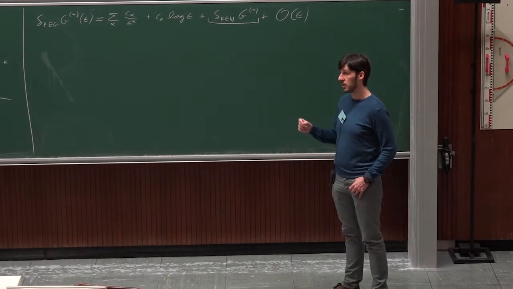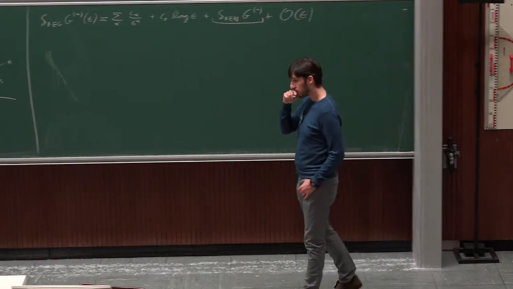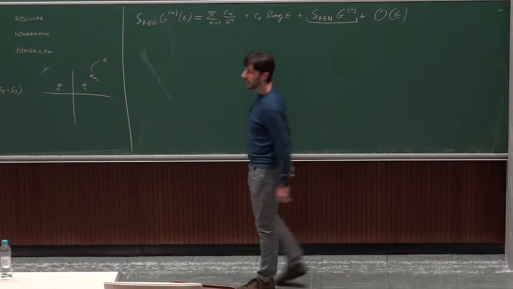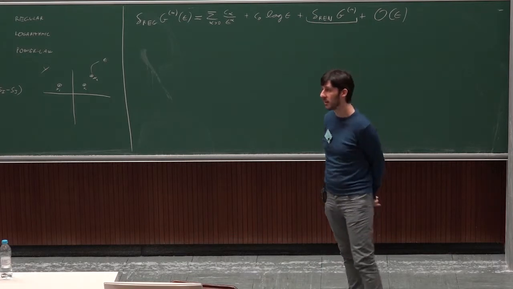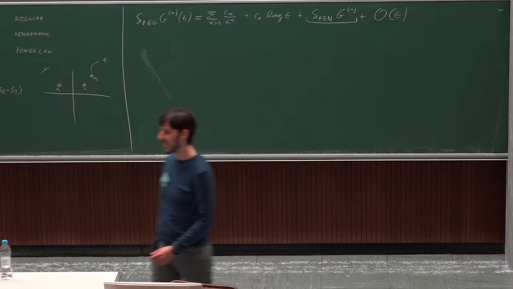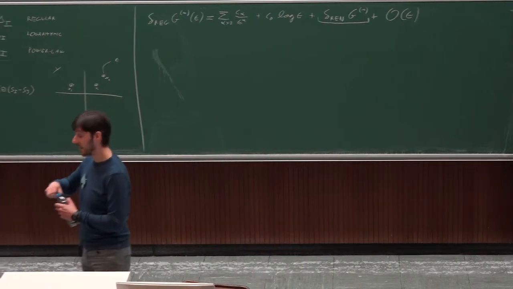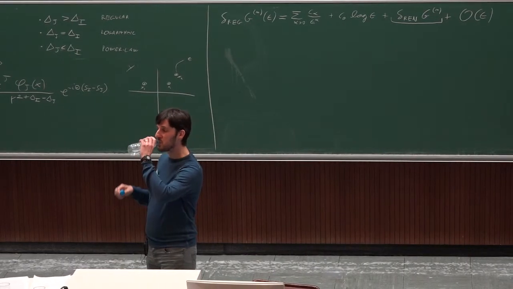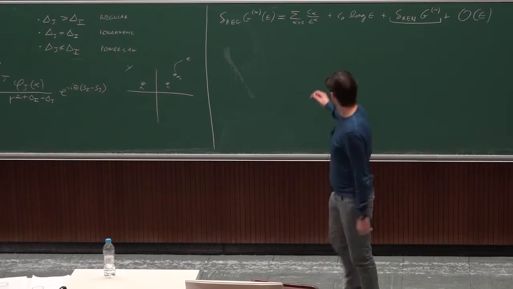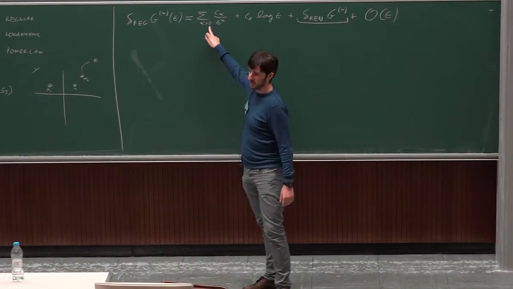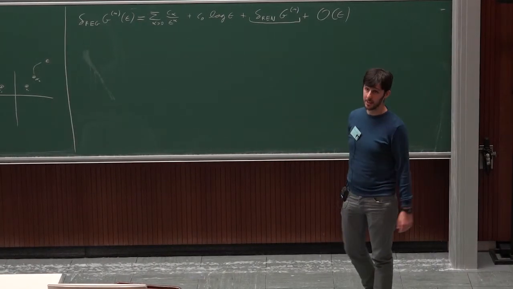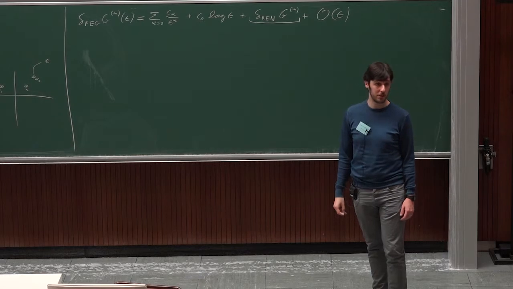Yes, question. Maybe I'm losing my mind, but if I just change epsilon to 2 epsilon, don't I get some ambiguity already? So the question is, instead of using balls of size epsilon, what if I use balls of size 2 epsilon?